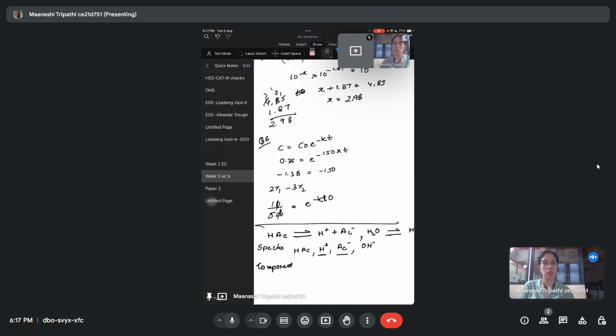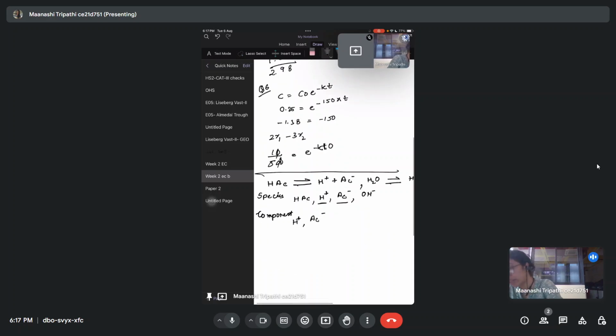Why is H2O not taken? Because it is constant. So the components will be our H plus and Ac minus. Now we will write the formation equations for all the species: HAc, H plus, Ac negative, OH negative.